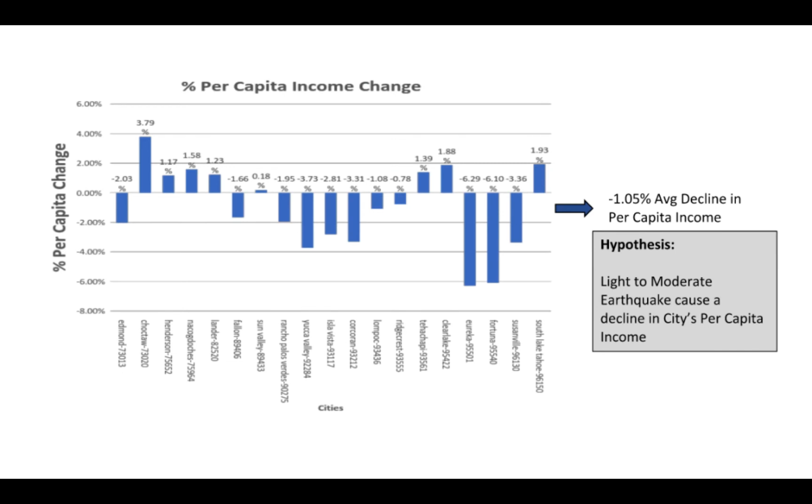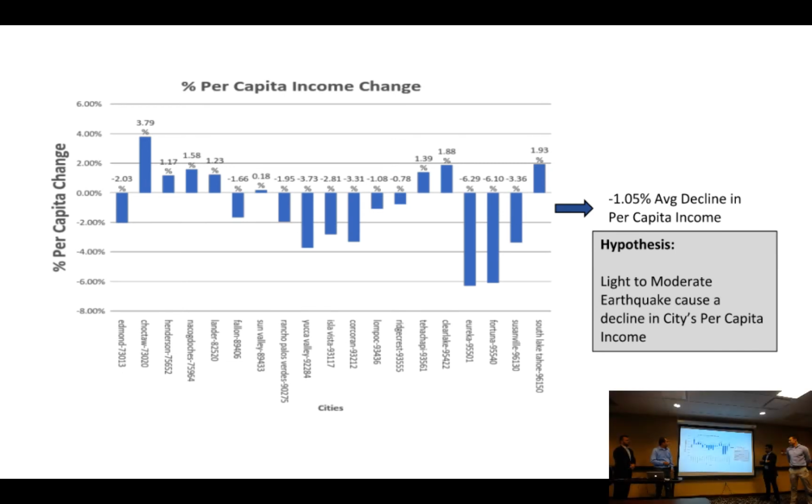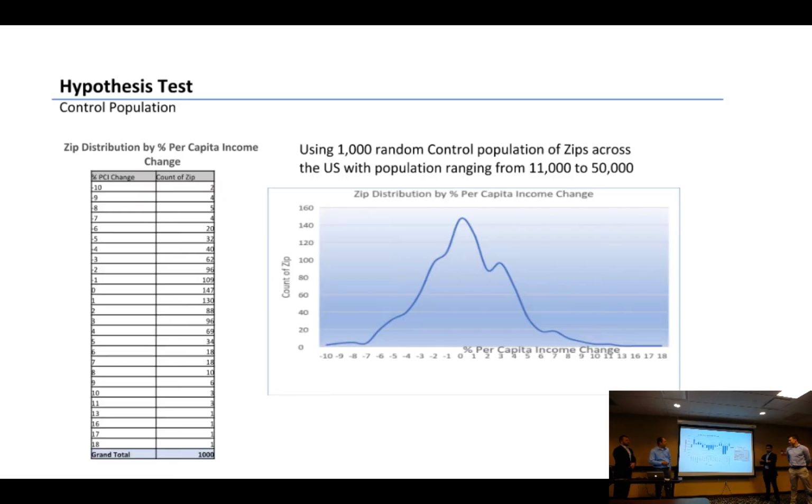Looking at the distribution of the decrease, you will see we have a good distribution of locations here, not just focused on California, but different areas in the U.S. To test our hypothesis, did that earthquake really cause a decline in per capita income?